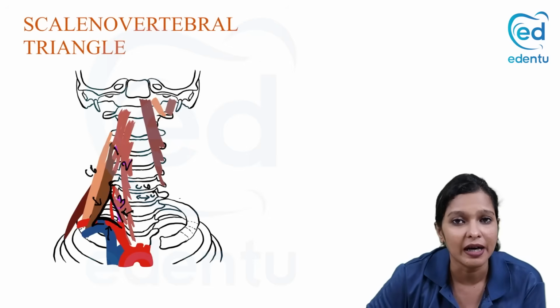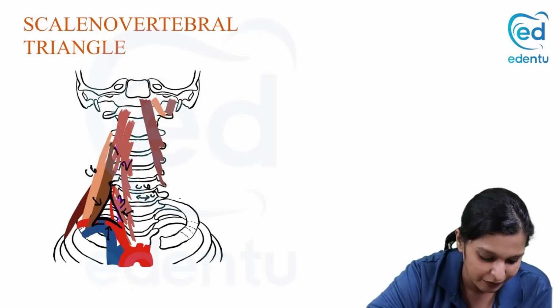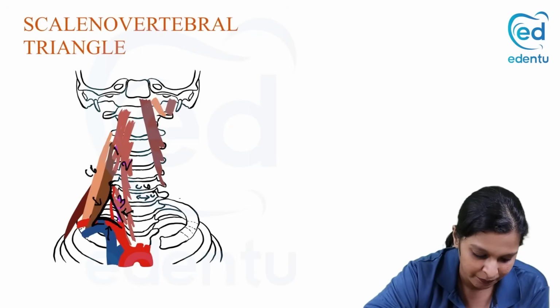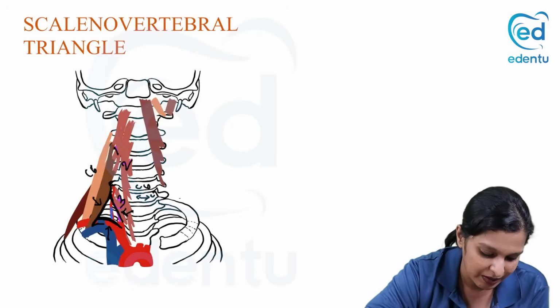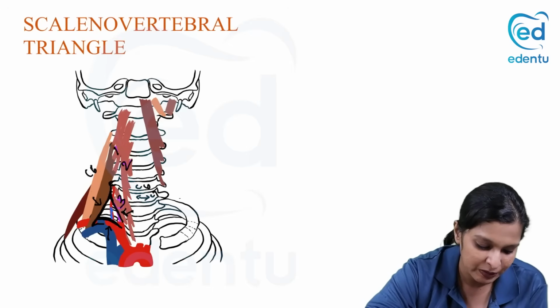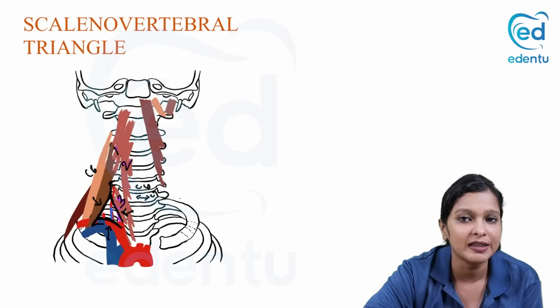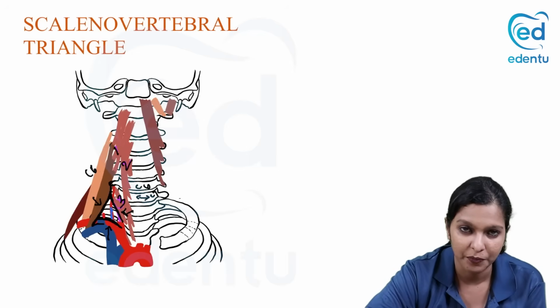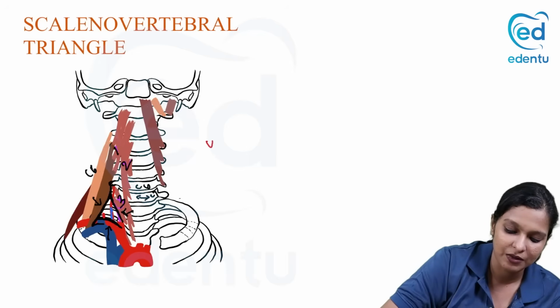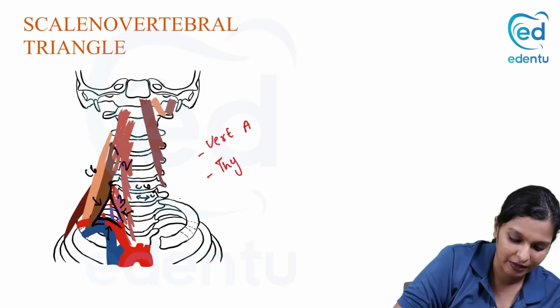Now, what are the contents of this triangle? We already see an artery here. The first branch of the subclavian artery, this one, is the vertebral artery. So that's the first content. The next one is the second branch, called the thyrocervical trunk.